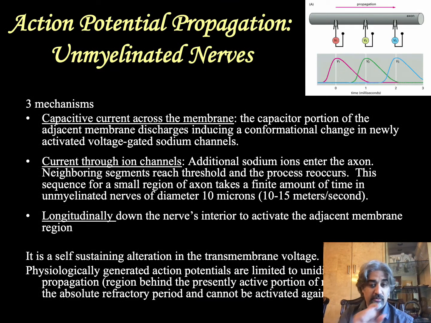So action potentials will propagate across the membrane in one of three ways. They can either go inside the membrane, they can go outside the membrane, or they can go through the membrane.